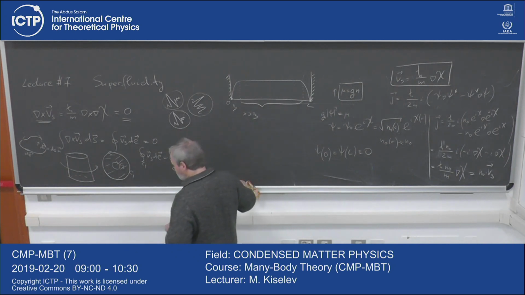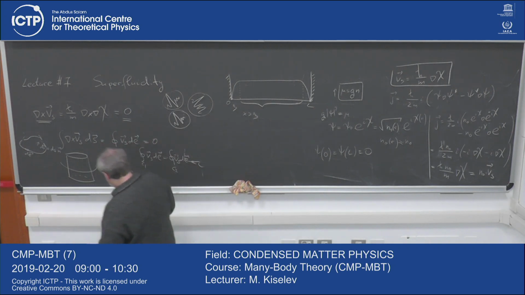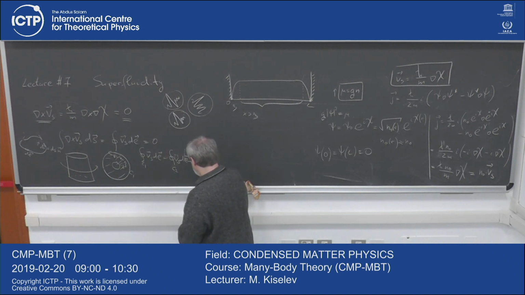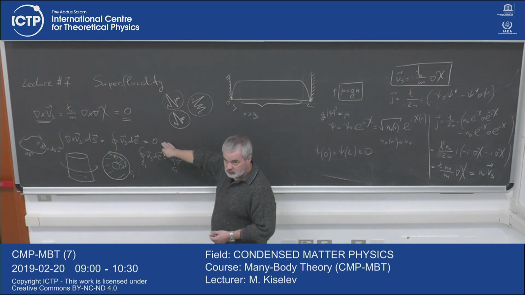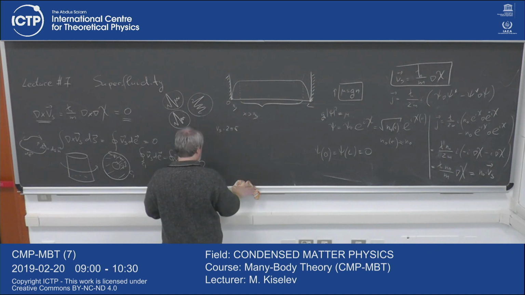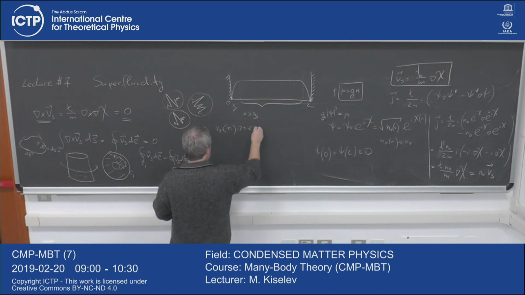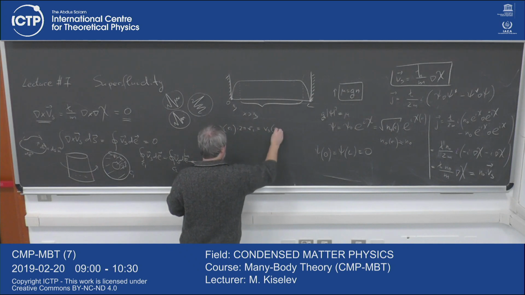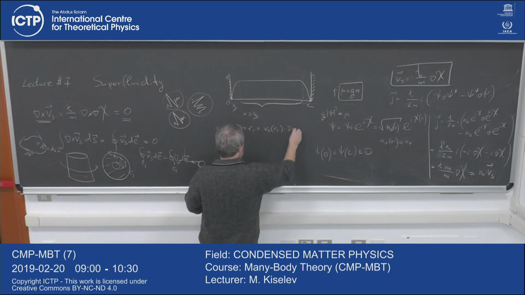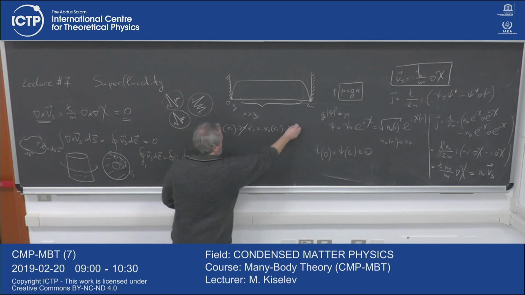Of course, when we rotate, the velocity flow is tangential. So we can write the condition that the integral is 0 as Vs times 2 pi r. So, let me be more pedantic, Vs of r1 times 2 pi r1 is equal to Vs of r2 times 2 pi r2.